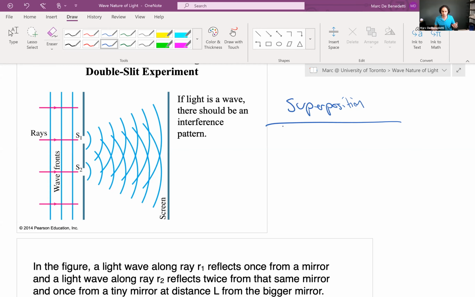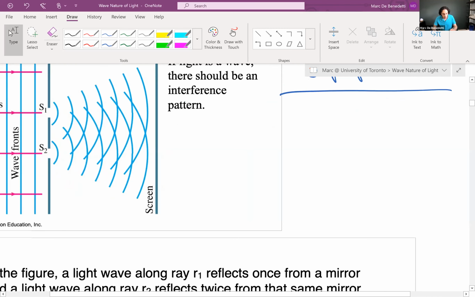And literally picture a water wave. It's the same idea. When the crest of the light wave meets a second crest of the light wave, they superimpose and become extra big, or in terms of light, extra bright.